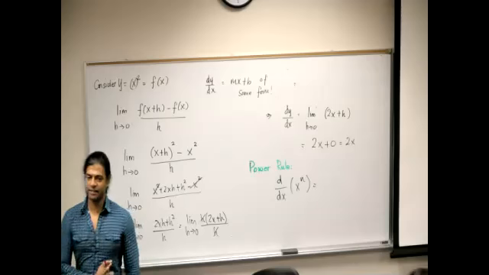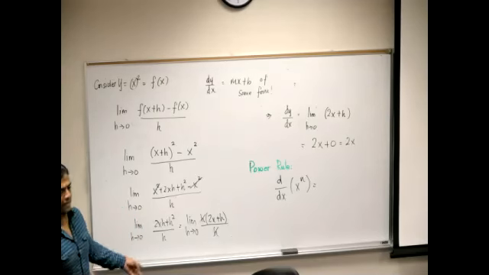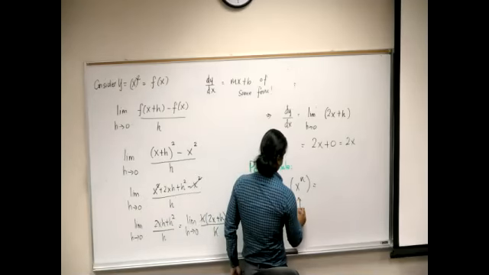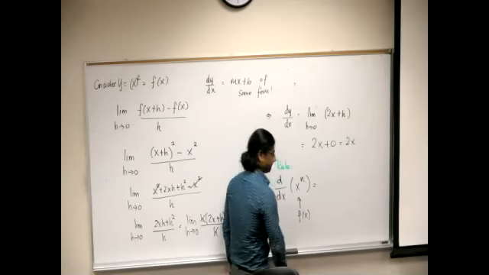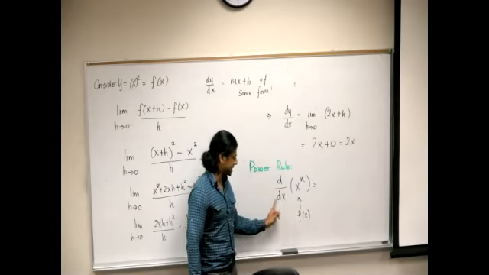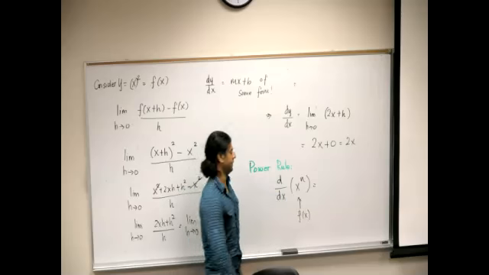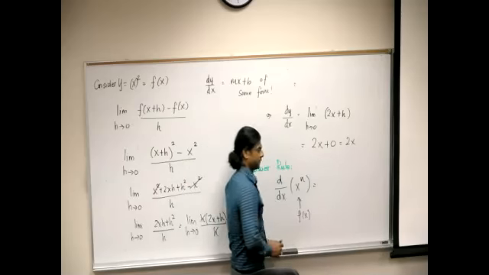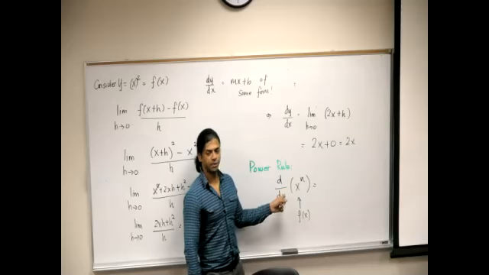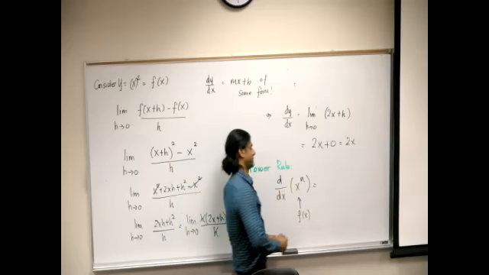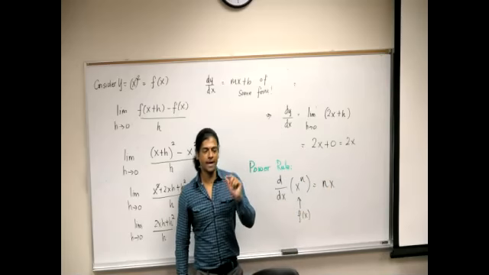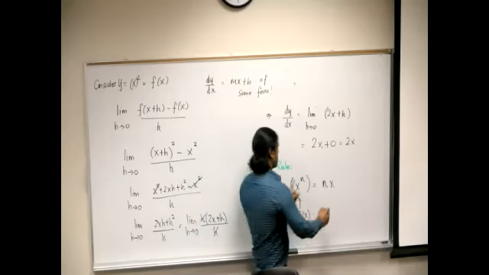if you have x raised to the power of n, that is our function f of x. If you take the derivative of x raised to n, this is what would happen. n is going to move to the front, and you reduce the power n by 1, so n minus 1.